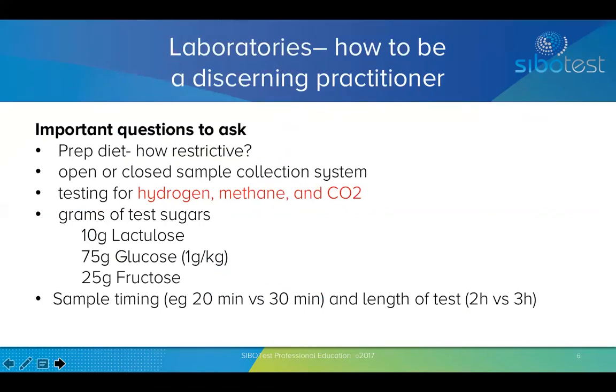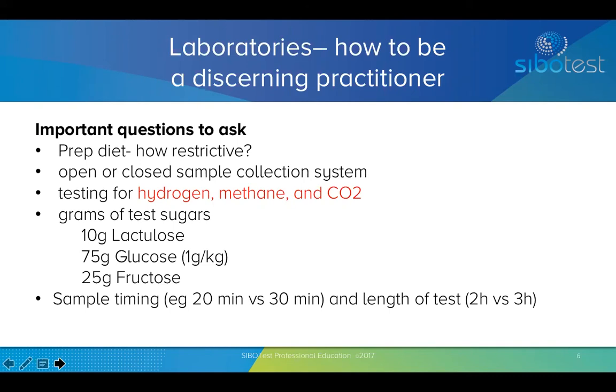The prep diet is there so that bacterial fermentation is reduced the day before, so that by the time the test is being performed, bacterial count or fermentation has been reduced, and by the time the substrate is used, we actually have a more accurate measurement over baseline. We'll go through that in just a minute.